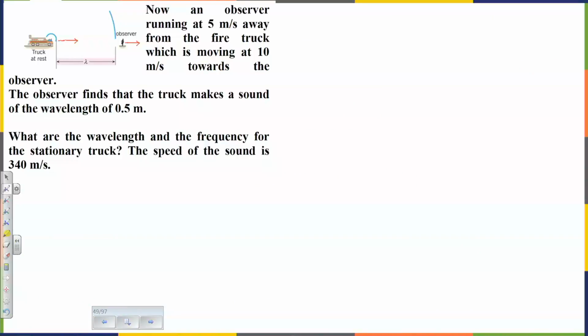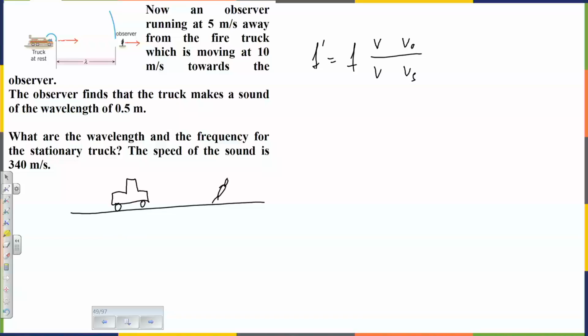So let's just do it. What can we write again? Same equations. And I don't know if I'm going to use all of them, but still I want to write all of them. Speed of the sound, speed of the observer, speed of the sound, speed of the source. I need a picture to choose my pluses and minuses. Again, don't hit me. Wavefront traveling.